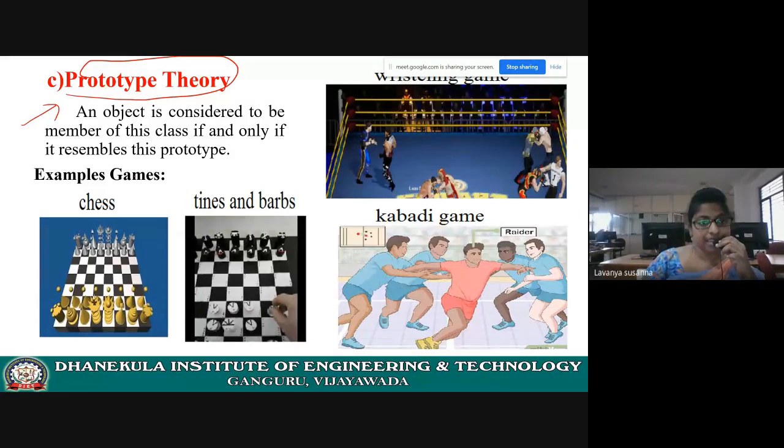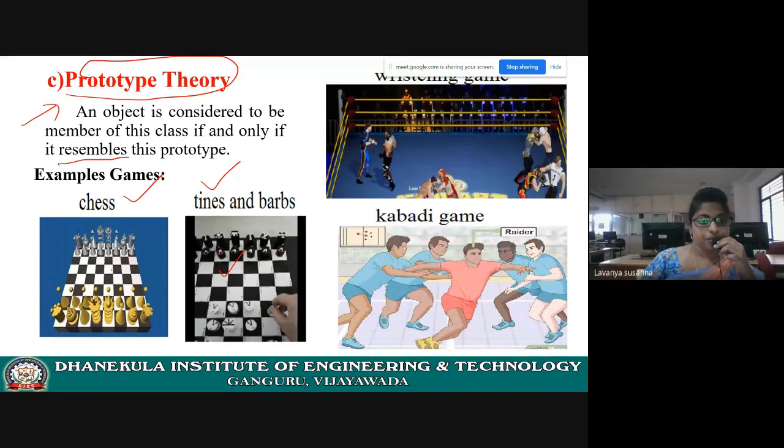For example, take games. You know that there are different games, but all games are not similar, right? They are different. They will have different rules, right? But based on some resemblance, you are grouping. See here, for example, chess and tiddlywinks. While looking at these two, you will think they are similar, right? There is some resemblance.